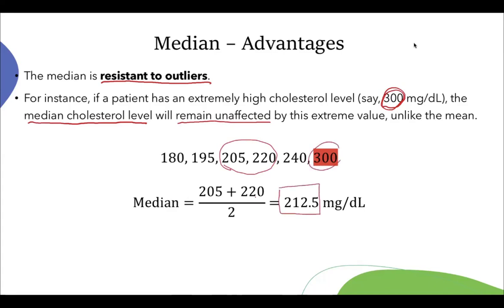No matter what this high extreme value is, this is like an extreme outlier, the median is unchanged. So an unchanged median. And if you think about it, this 300 could actually be a 400. And it would still have a median of 212.5. The median would remain unchanged.